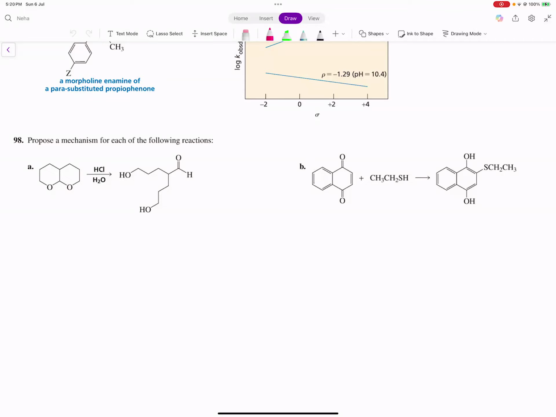We'll do reactions at the alpha carbon now. No, I think we'll do one chapter today. No, 17 is alpha carbon, right?